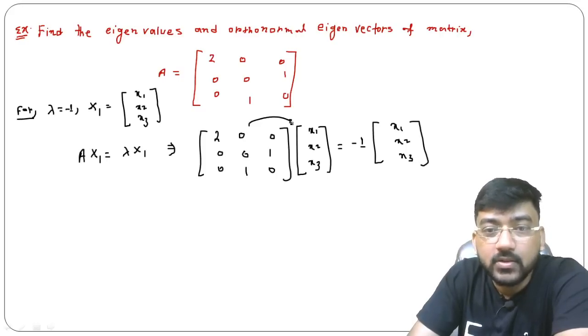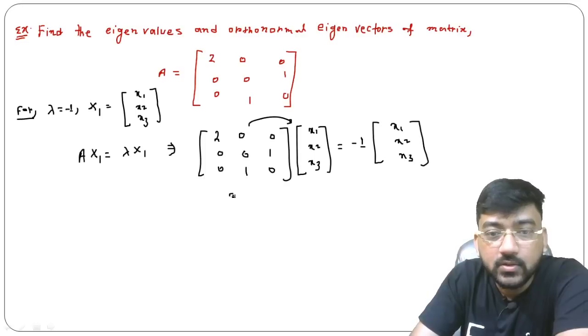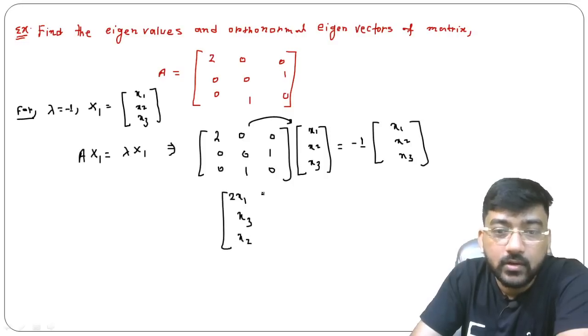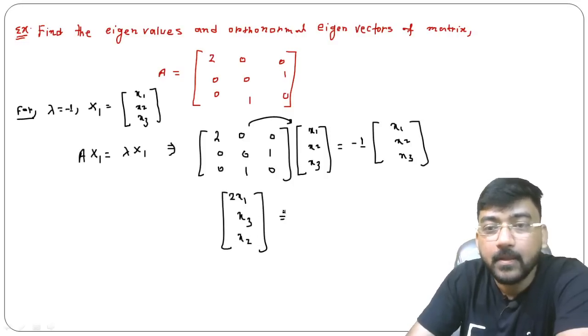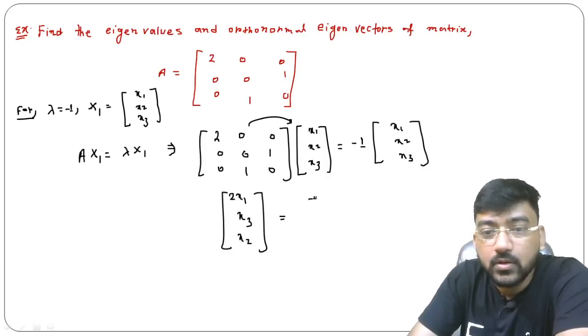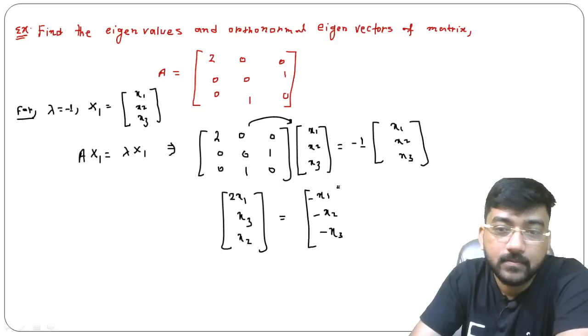Now if you multiply these, you will get 2x1, and from here x3, and from here x2, and that will be equal to minus x1, minus x2 and minus x3.